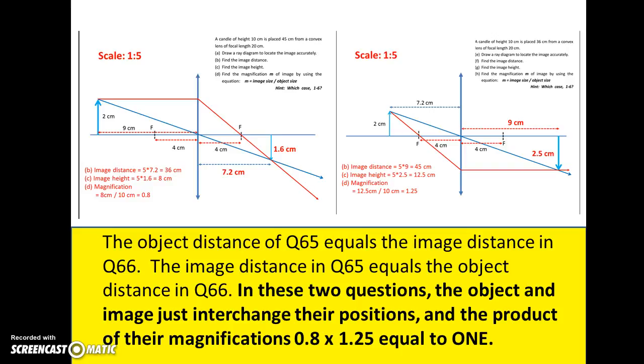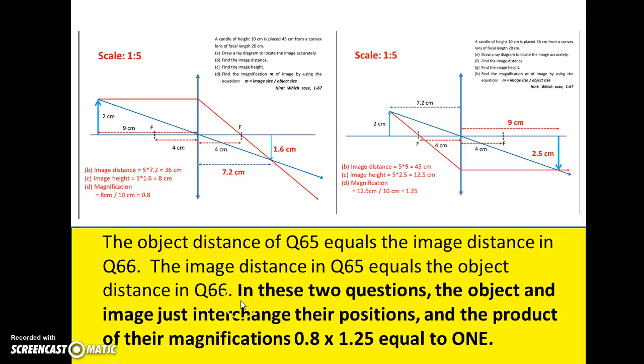So what are the similarities between the last two questions? If you look at the two ray diagrams more carefully, then you can see the object distance in question 65 equals the image distance in question 66, and the image distance in question 65 equals the object distance in question 66.